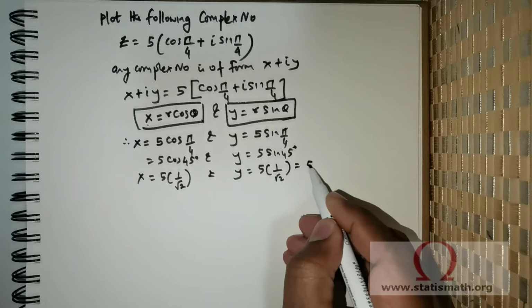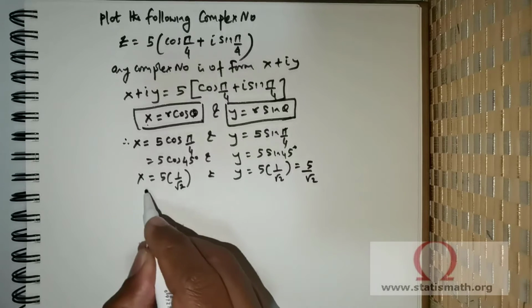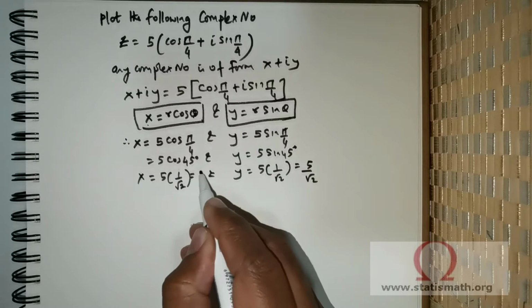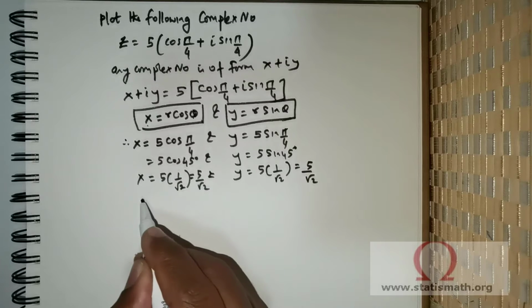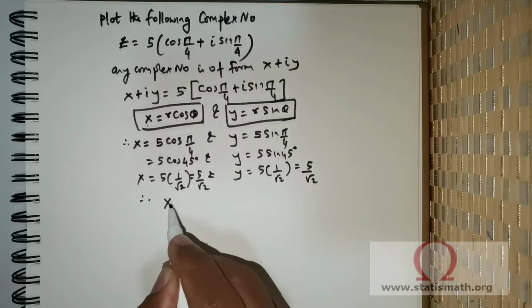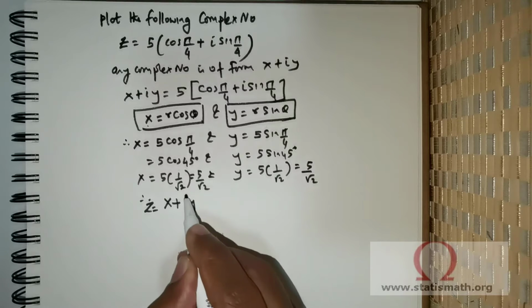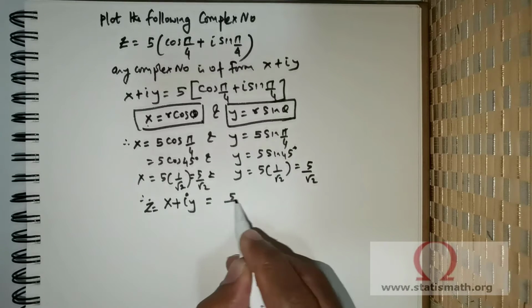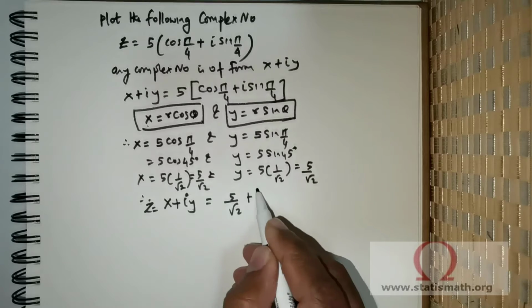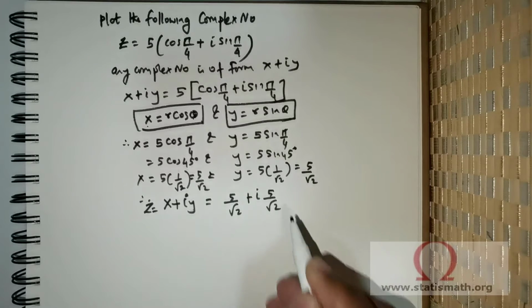So we have got y to be 5 over root 2, and for x also 5 over root 2. Therefore the required complex number, which we have taken z to be x plus iy, is 5 over root 2 plus i times 5 over root 2.